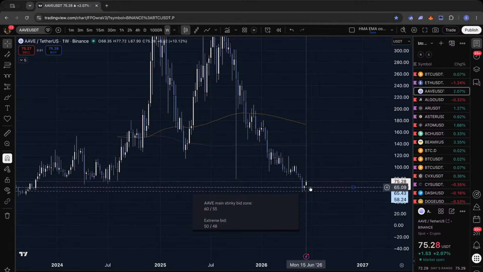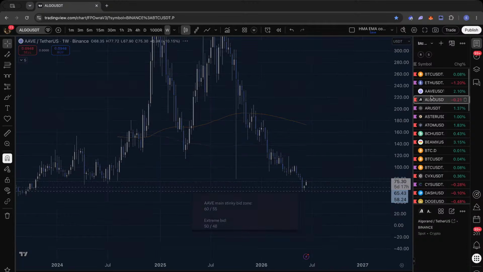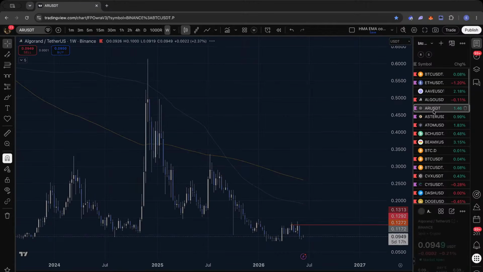And as you can see, we held that area perfectly. So yeah, I'm buying Aave around 60 bucks and lower, and I'm aiming for a sell half on a double. Above 100 bucks, I'm taking out my initial and I'm out.